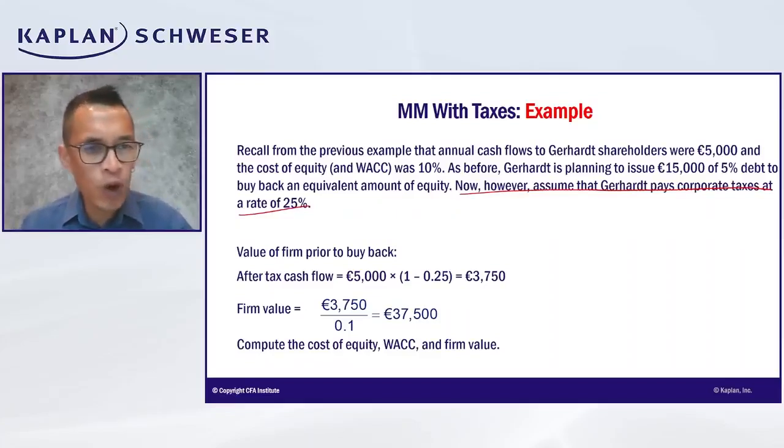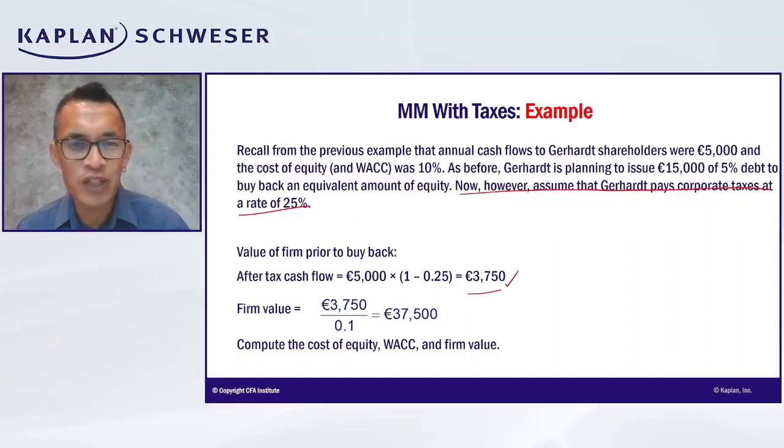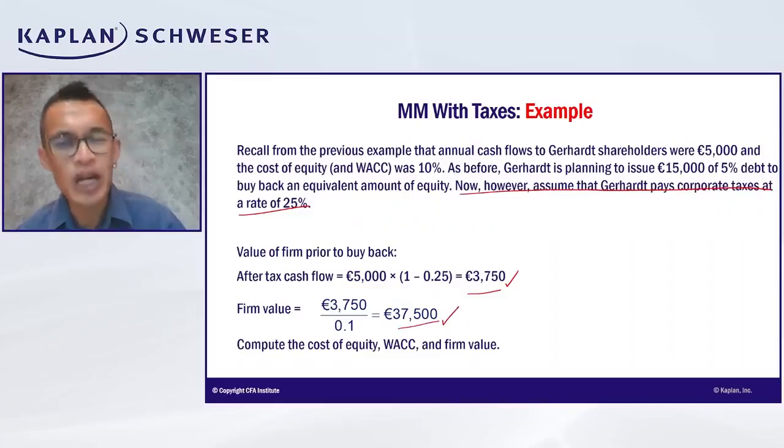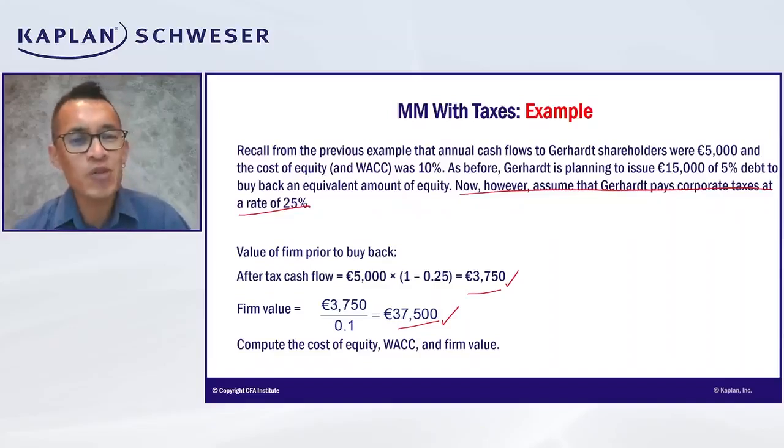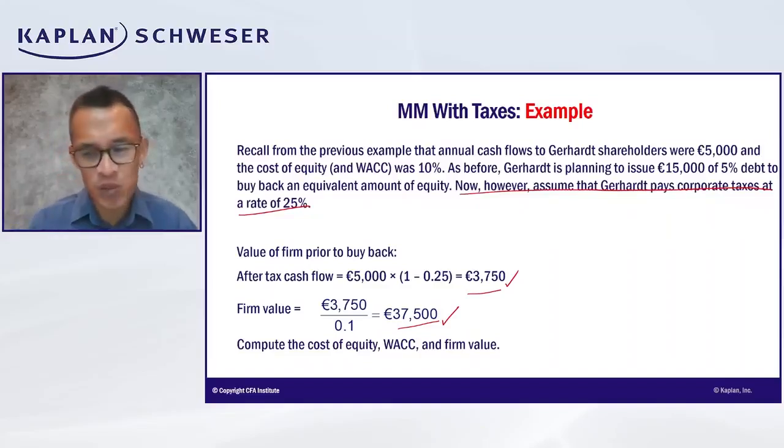This will of course decrease the after-tax cash flow from 5,000 down to 3,750. It will also reduce the firm value down to 37,500 from 50,000. Great. This time the calculation of all three items is a little bit more interesting than before, as we will find out.